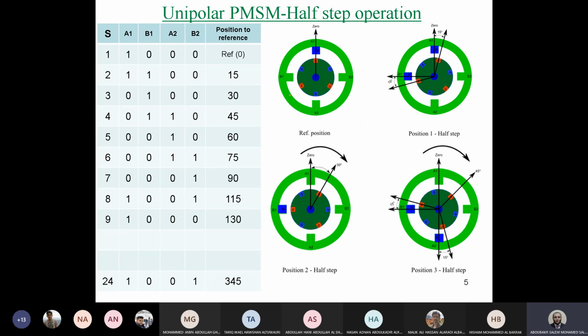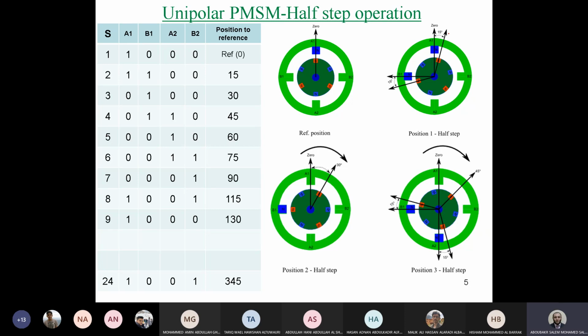We did what we said, just making an OR between the first two steps of the full step operation. So 1 0 0 0 and 0 1 0 0, making an OR for the pulsing, you get 1 1 0 0, and you will see that the motor has moved only 15 degrees.